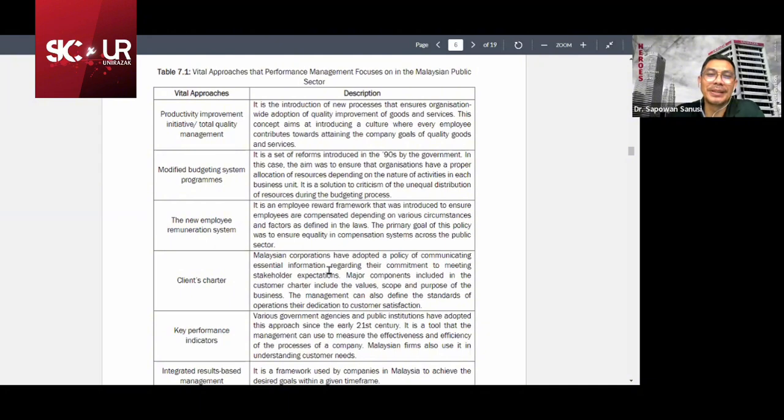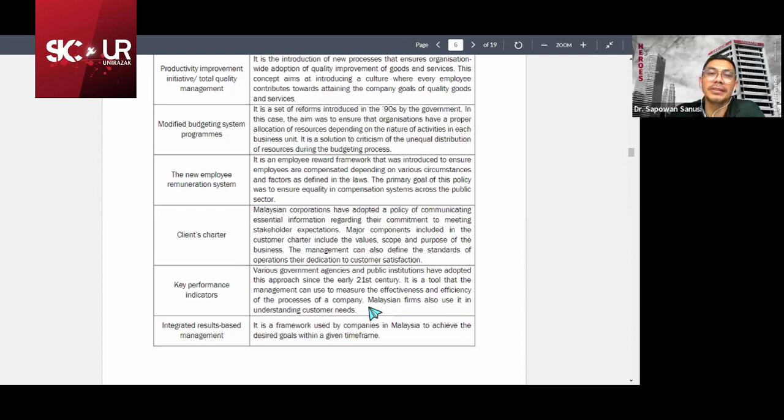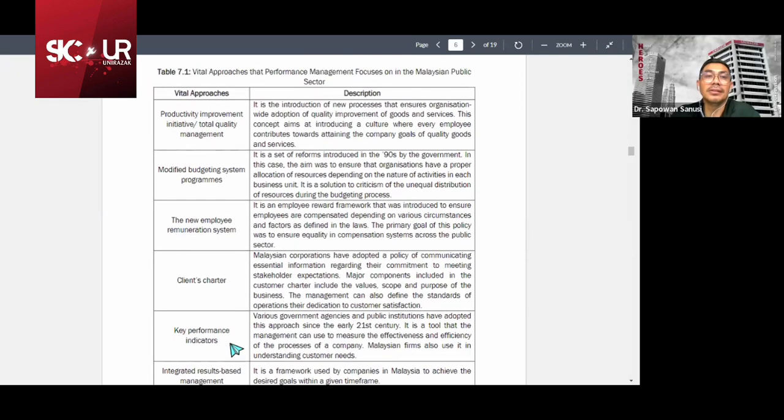Contoh, Malaysia Corporation adopts a policy of communicating information regarding their commitment to meeting stakeholders and giving service to the consumer based on the charter, including the value and scope. Ini salah satu cara, key performance indicators and integrated result based management.